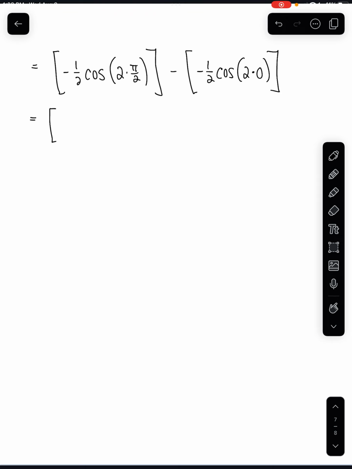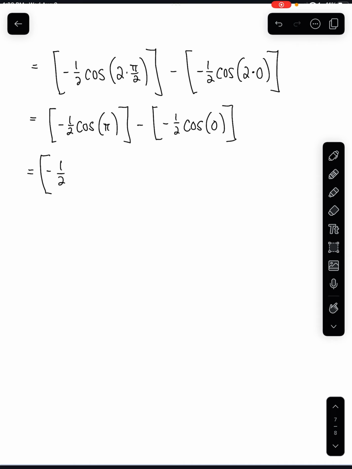Well, 2 times pi over 2 is pi, and 2 times 0 is 0. From the unit circle, we know that the cosine of pi is negative 1, and that the cosine of 0 is positive 1.